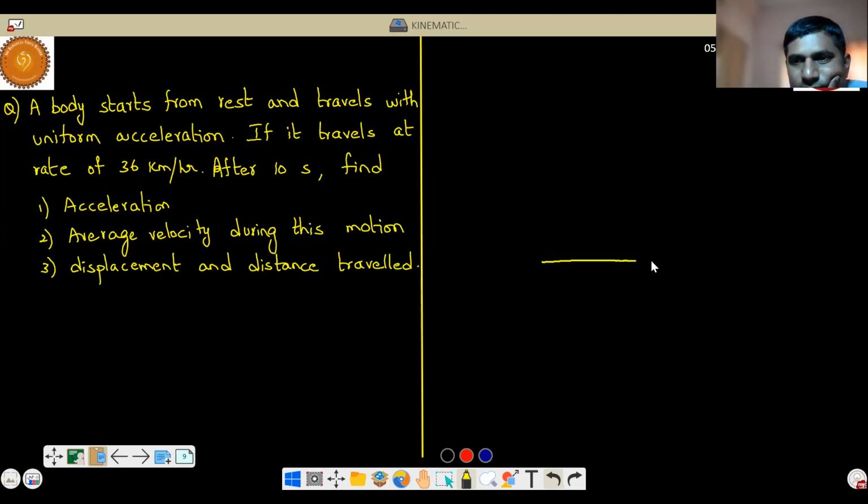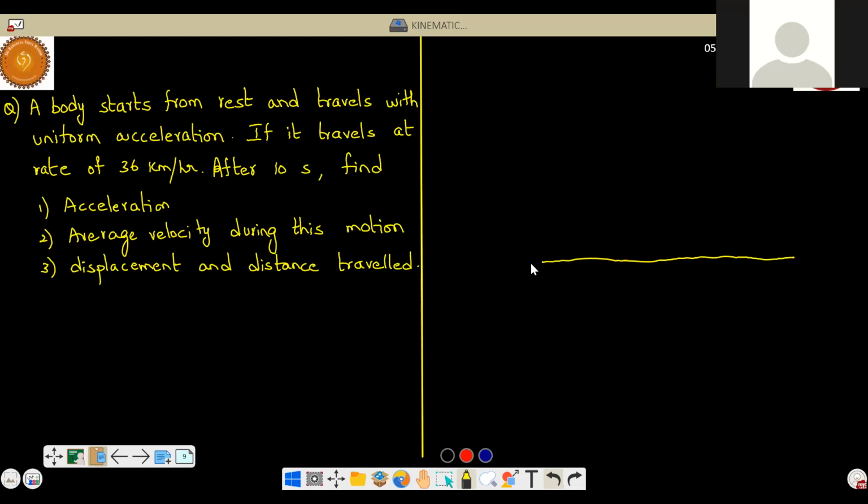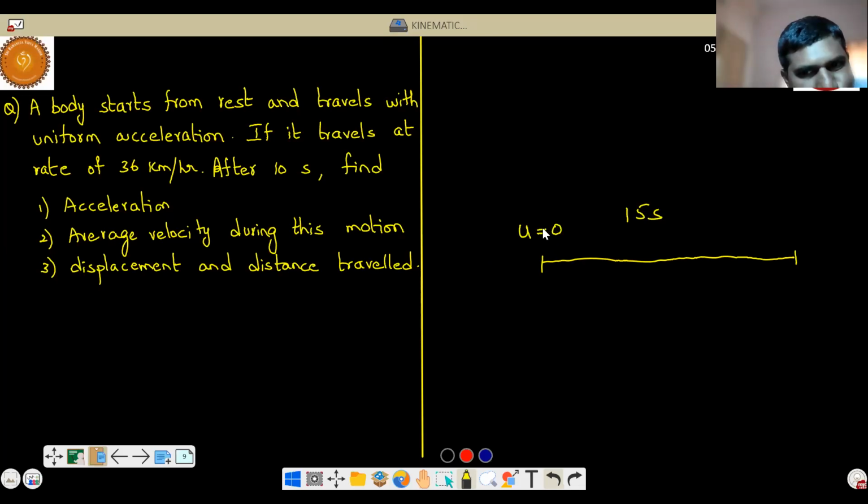Once again, read the question. A body travels for 15 seconds starting from rest with a constant acceleration. If it travels distances S1, S2, and S3, that's all, sir.